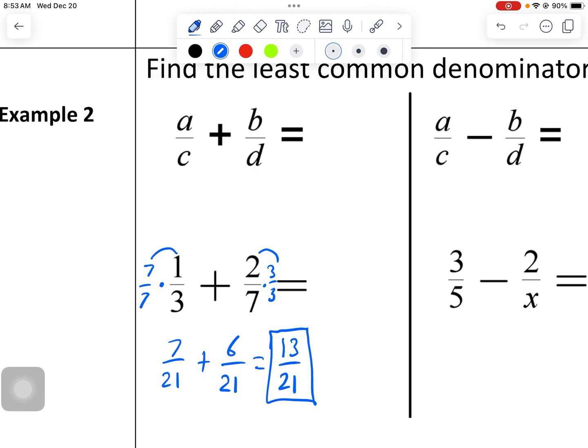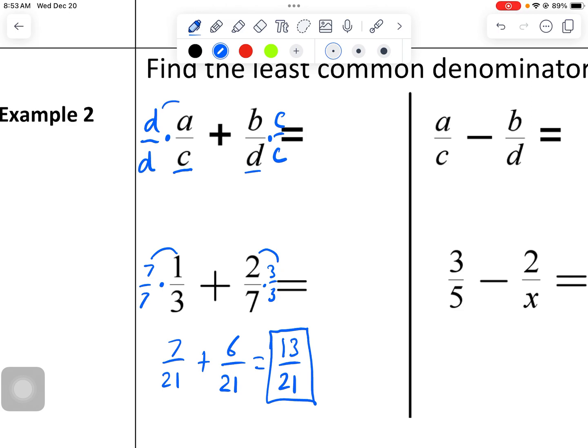So a over c plus b over d, we're going to do kind of the same trick. We want to look at what one fraction has or is missing. So in this case, we have a c, but we're missing a denominator of d. So I'm going to multiply this fraction by d over d. And then this one is missing c, so I'm going to multiply by c over c.